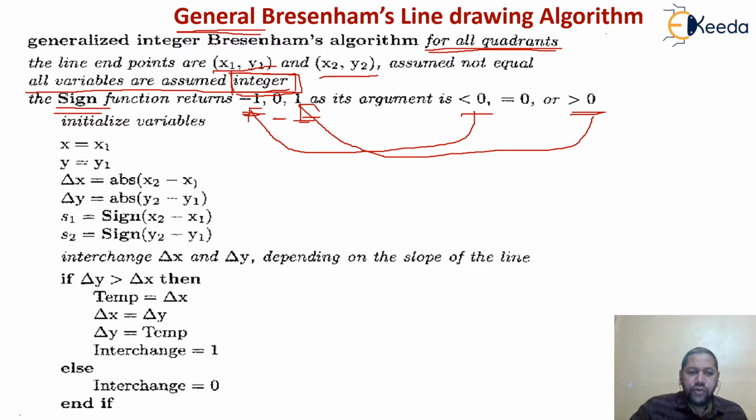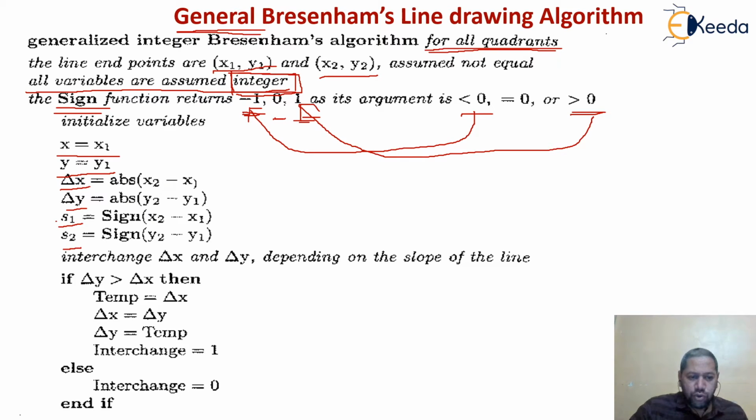Initial variables, as we have just seen in the algorithm and flowchart: x is equal to x1, y is equal to y1. We calculate delta x and delta y. Delta x is the absolute value of x2 minus x1, and delta y is the absolute value of y2 minus y1. Now we assign s1 and s2.